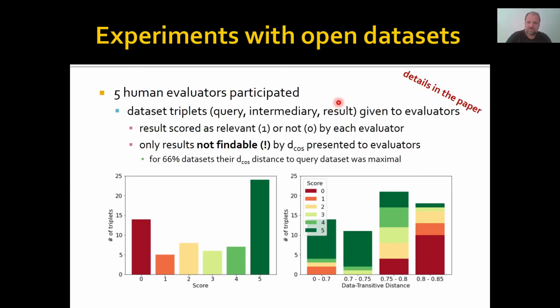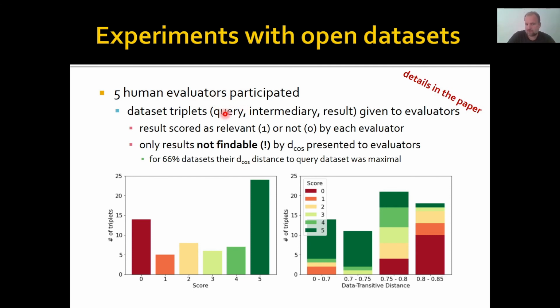Then we used some evaluation where we employed 5 human evaluators that should rank or score a result to a particular query by evaluating a set of triplets of datasets. So every human evaluator got a set of triplets like this, where the first member is the query dataset.